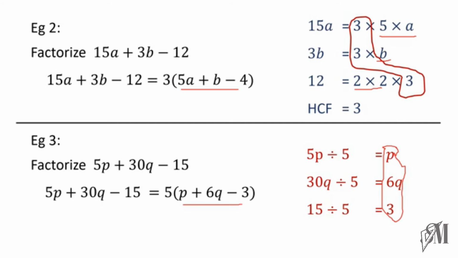So this can be done in factorizing as well. This is another method and you have to make sure you select the highest common factor so that the terms inside the bracket will not have any other common factors. Right? Let's do another example in this method.